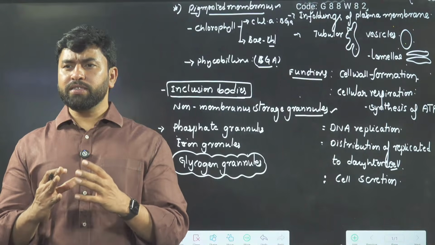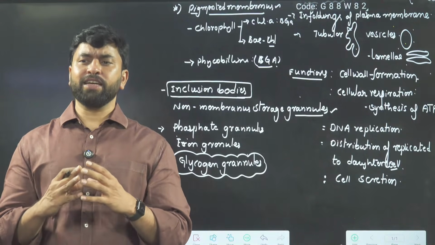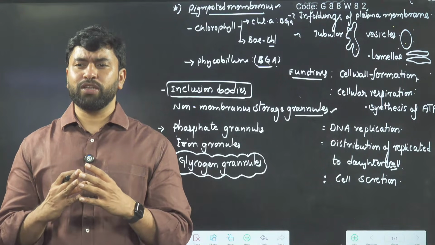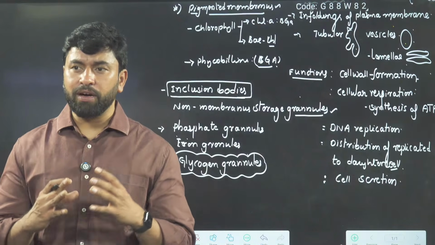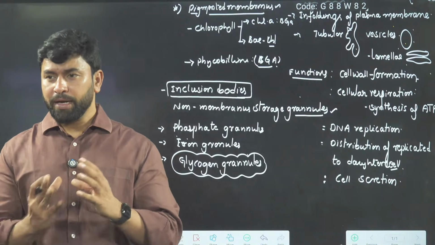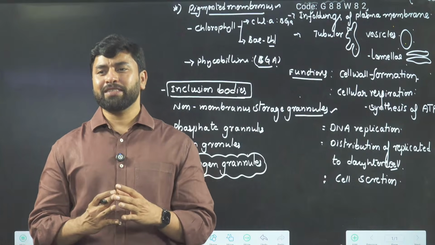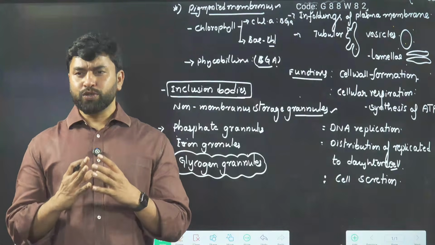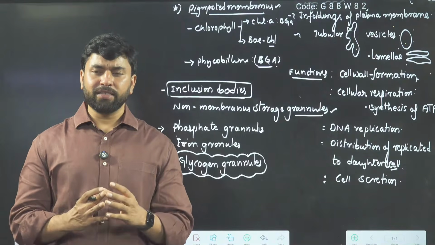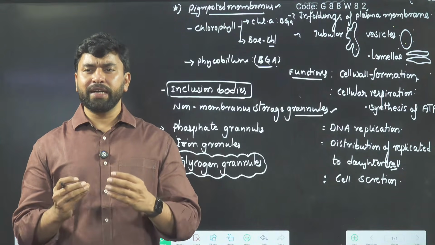Wherever you come across a body that is trying to store food, especially in the form of carbohydrate, that food will be stored in the form of glycogen. But when it comes to plants, plants are different. Plants store starch because starch would be stored in dry form.